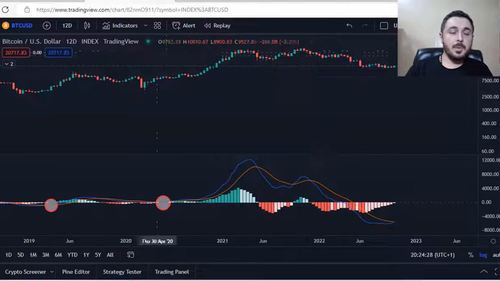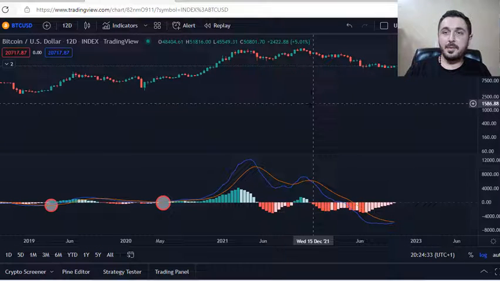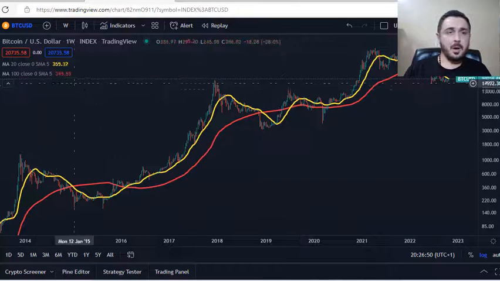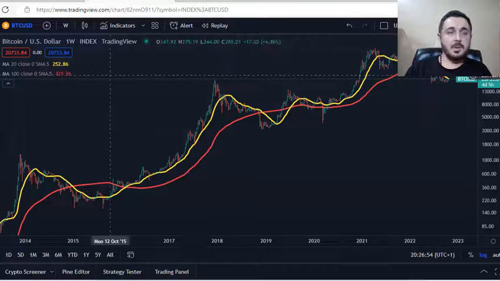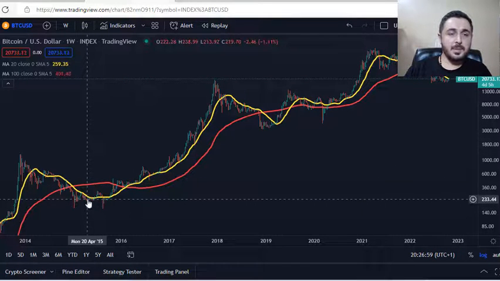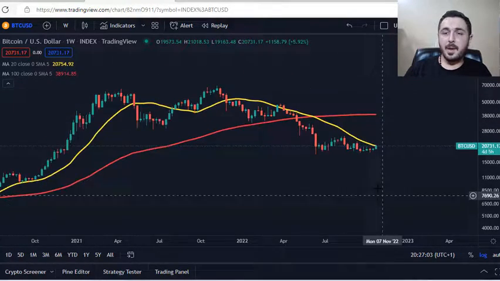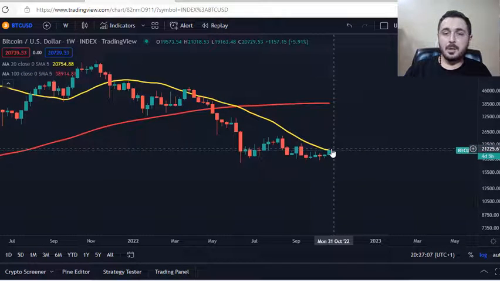So now we'll jump into the weekly chart, the closer time frame, the near future, and see what's going on over there. Alright, back to this chart, the 20 and the 100 moving average on the weekly. Like discussed in the previous video, currently we're battling the 20-week moving average, the yellow line, and you can see we're getting closer and closer.